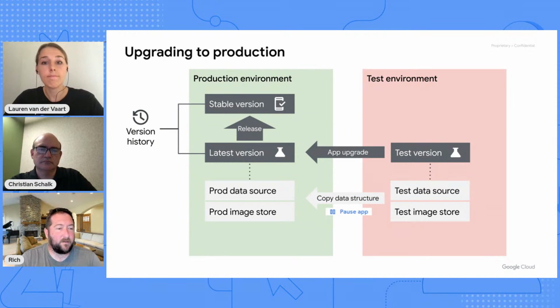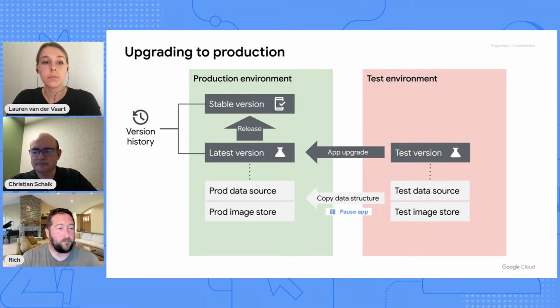And this is where it gets a little bit more, I won't say convoluted, but there's a little bit more. You need to pay more attention in this process to make sure that all the settings get carried over correctly, right?